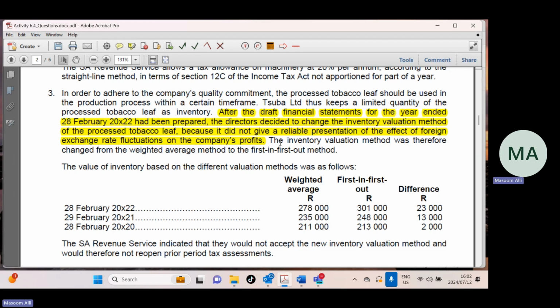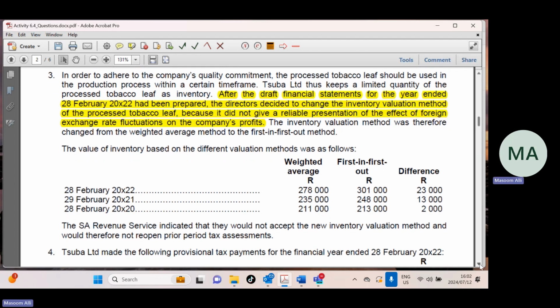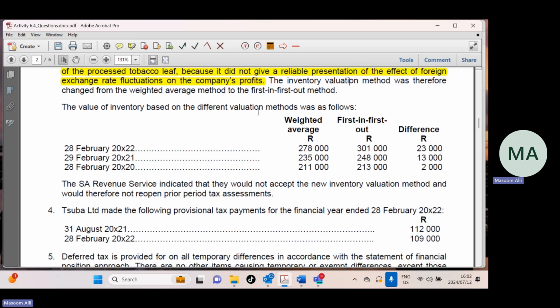The inventory valuation method was therefore changed from the weighted average to FIFO. Okay, that's fine. And then the value of inventory based on the various valuation methods was as follows: on the 28th of February 2022, which is the current reporting date, the prior date, and the year before that, which is also the opening balance for 2021.